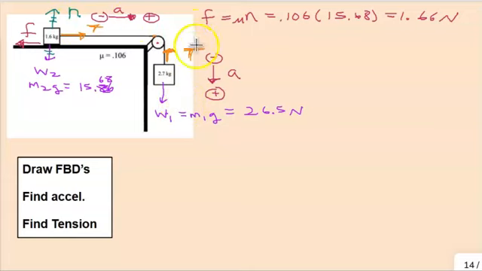So the new rule is that any force with the acceleration is positive, any force opposite the acceleration is negative. And again, please bring this up in class if you don't like it, but otherwise, if you really wanted to make up positive for this block, then these two objects wouldn't have the same acceleration. They would have negative the accelerations of each other, and then you would end up with two equations, two unknowns. It's just annoying.